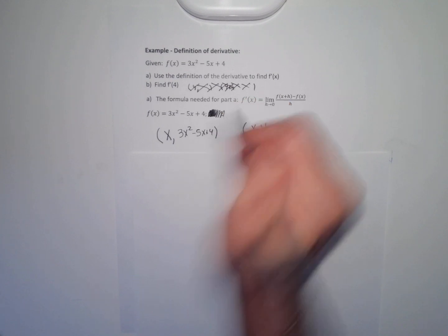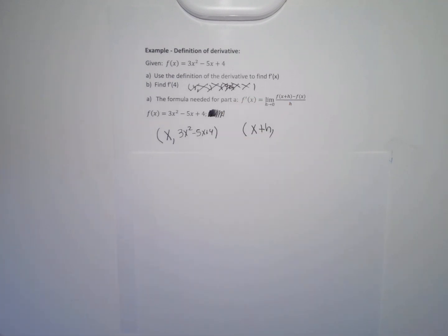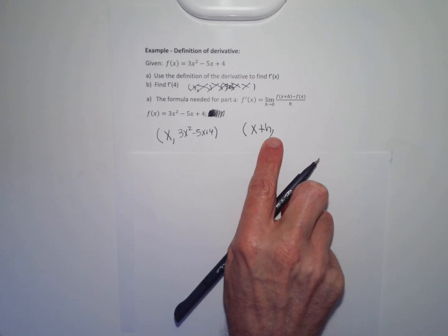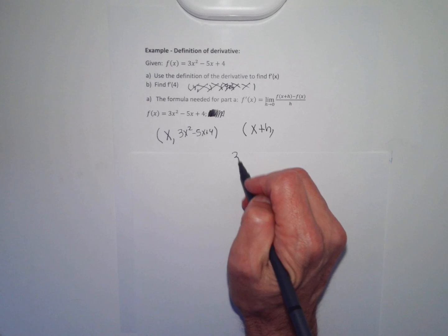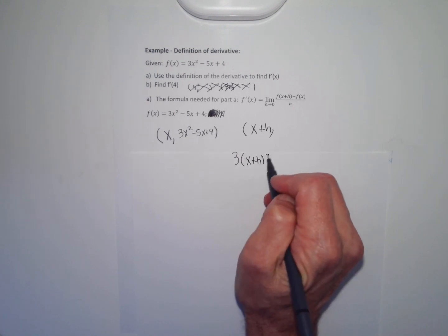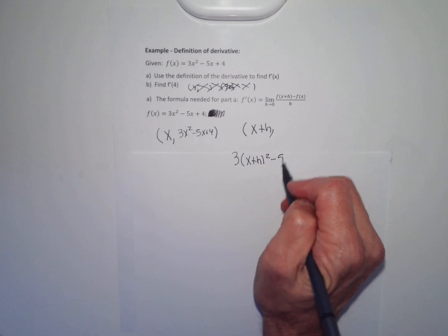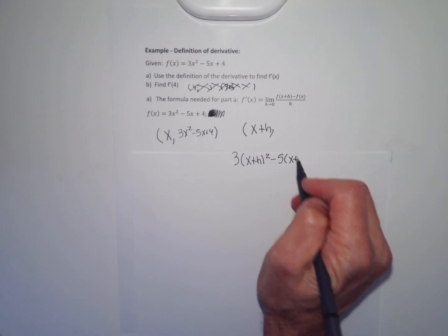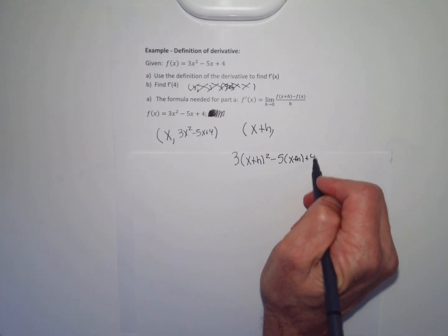That's junk that I'll delete out. In the second point, its x-coordinate is x plus h. Its y-coordinate is going to be 3 times (x plus h) squared minus 5 times (x plus h) plus 4.